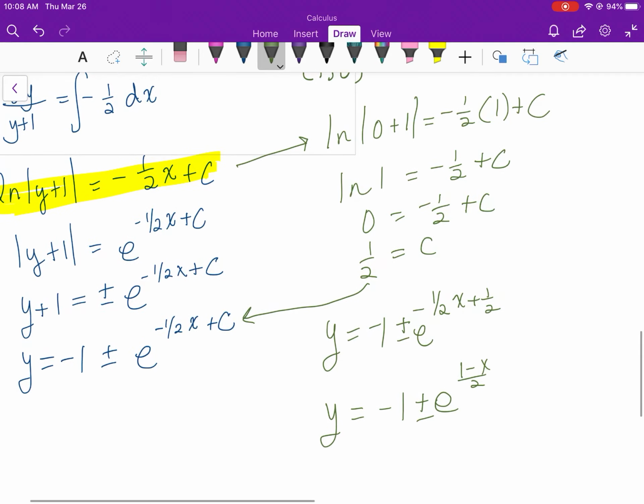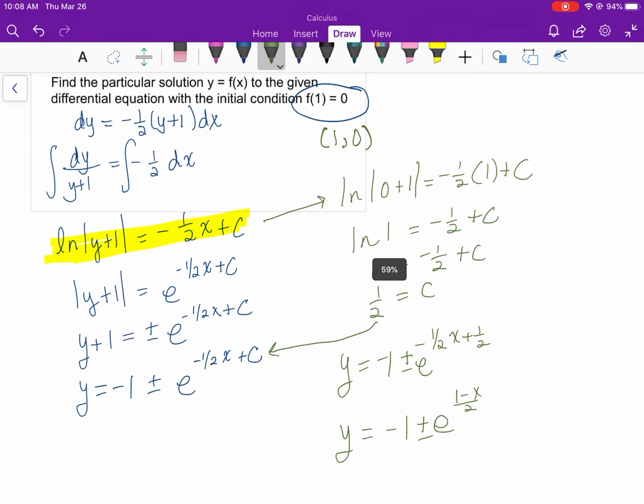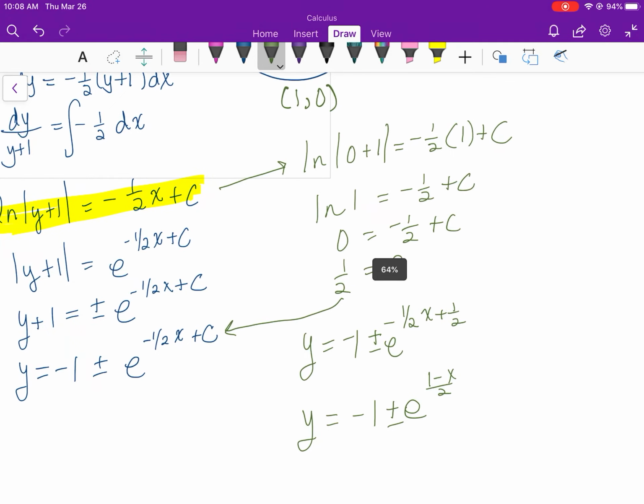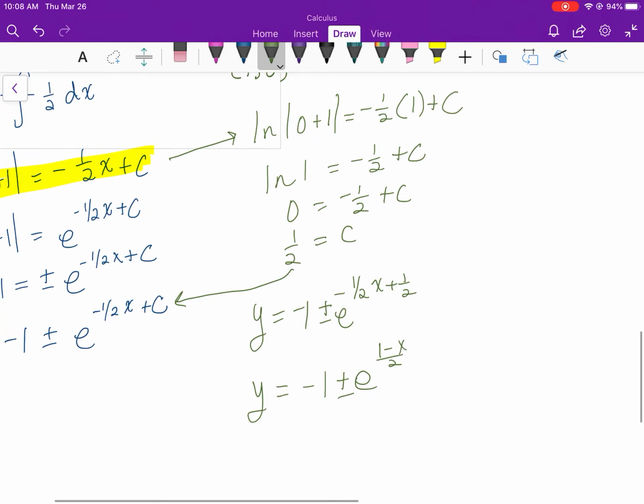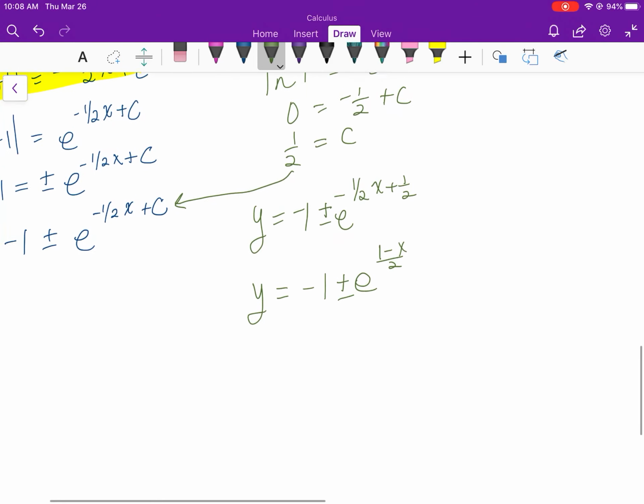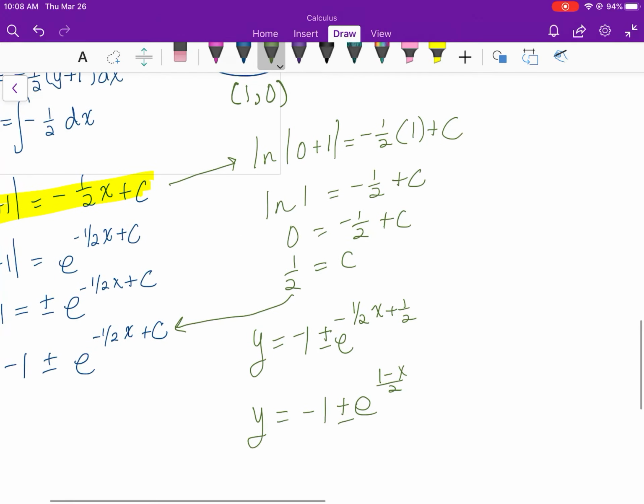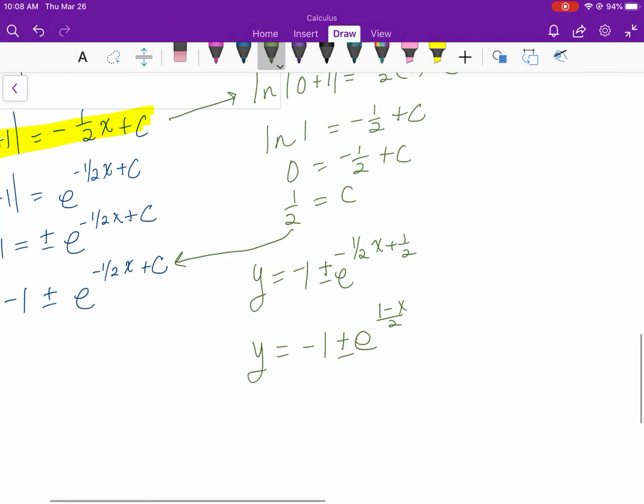So now what you need to do is figure out which one gives us 1, 0 back for our answer. So, if I plug in 1, which one gives us 0 back for y? So is that going to be the negative or the positive one right here?